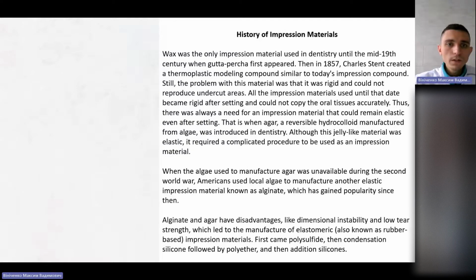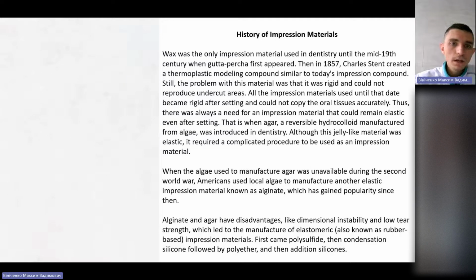Still, the problem with this material was that it was rigid and could not reproduce undercut areas. All the impression materials used until that date became rigid after setting and could not copy the oral tissues accurately. Thus, there was always a need for an impression material that could remain elastic even after setting.